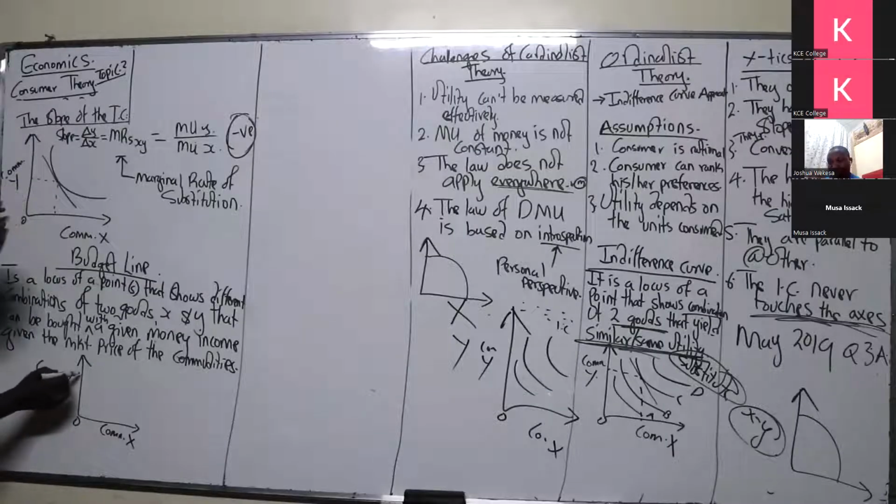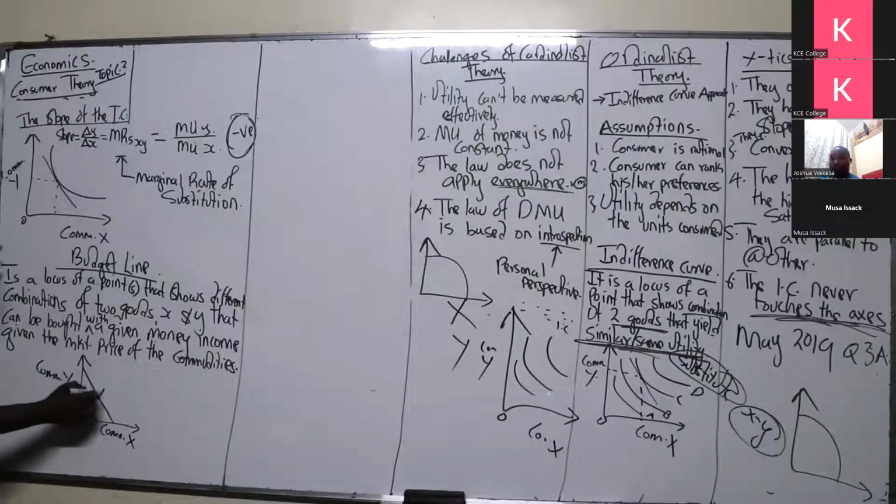the budget line looks like this. This is the budget line. Are you together? Meaning also it has a negative slope.